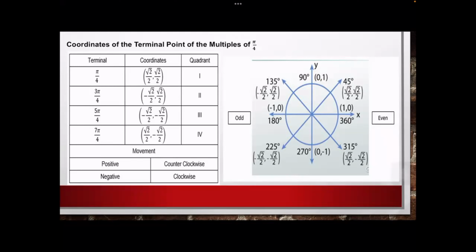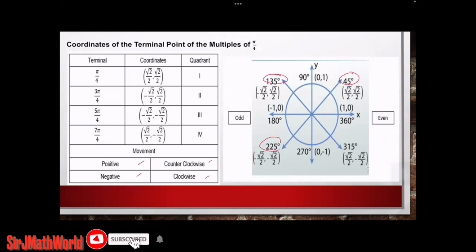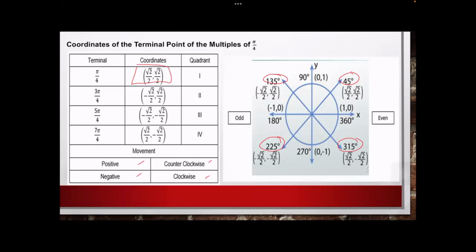And again, the movement, kapag positive, it's counterclockwise. Negative, it's clockwise. So we still apply the even and the odd. So we have the 45 degrees, 135 degrees, 225 degrees, and 315 degrees. So yun. Ito lang naman ang kopyahin nyo para tandaan. Pag pi over 4, ito lang yung coordinates. Tapos negative, positive lang siya.